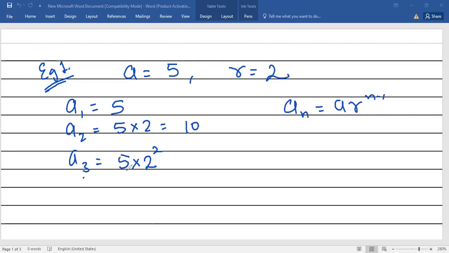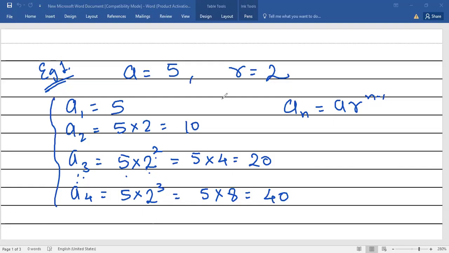So third term will be 5 times 2 to the power 2, one number less than the term number, 3. So we will get 5 times 4, that is 20. Similarly, we can generate all other terms. In fact, if we write a4, we simply write 5 times 2 to the power 3. So we will get 5 times 8, that is 40. In this way, we can generate the entire sequence. This is how we can calculate the nth term.